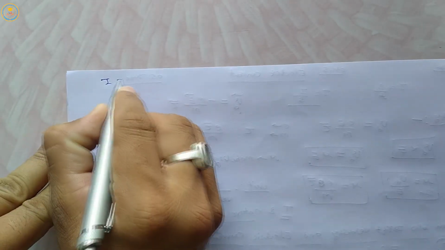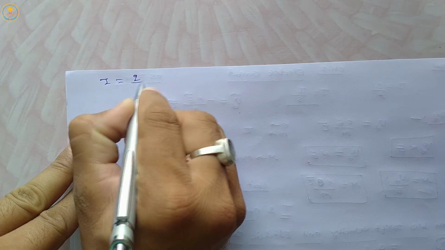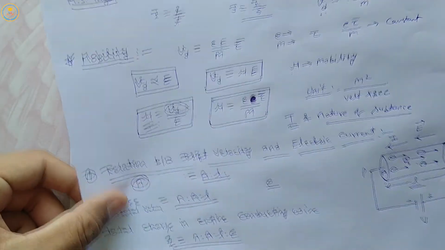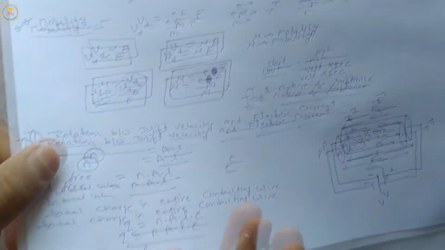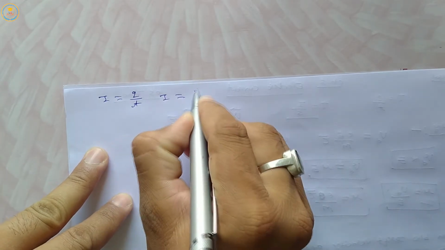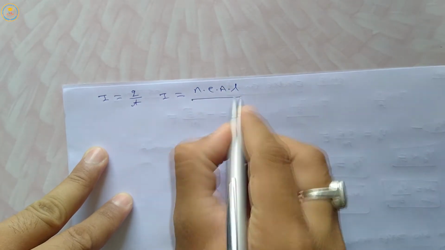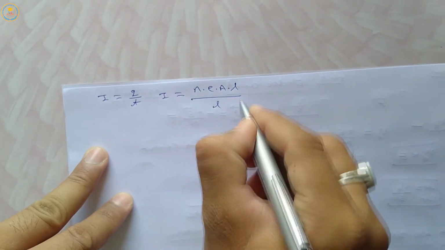And we know that the electric current I flowing through this conductor is equal to Q upon T. Put the value of Q and T. So I is equal to n e A L, this is the value of Q, upon T. T is equal to L upon Vd, so L upon Vd.